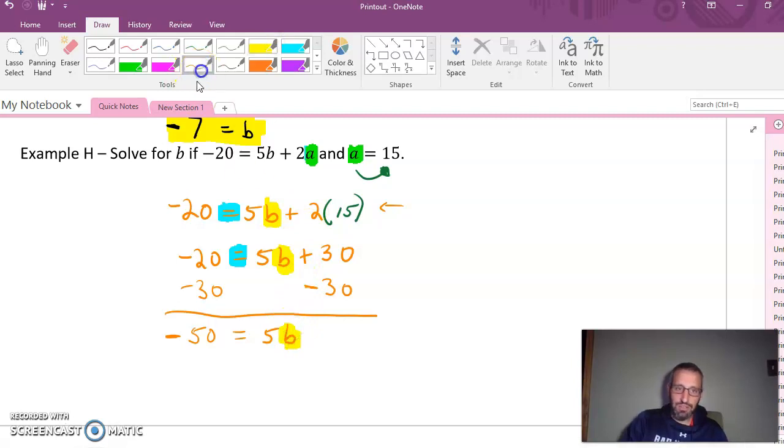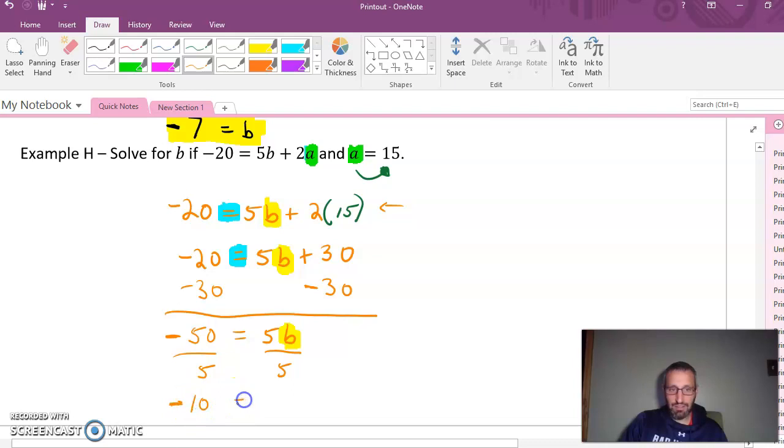That's multiplication. The inverse of that is division by 5. So negative divided by a positive is a negative. 50 divided by 5 is 10. I think there's 10 5s in 50. And on the right side, 5b divided by 5 is 1b, or just b.